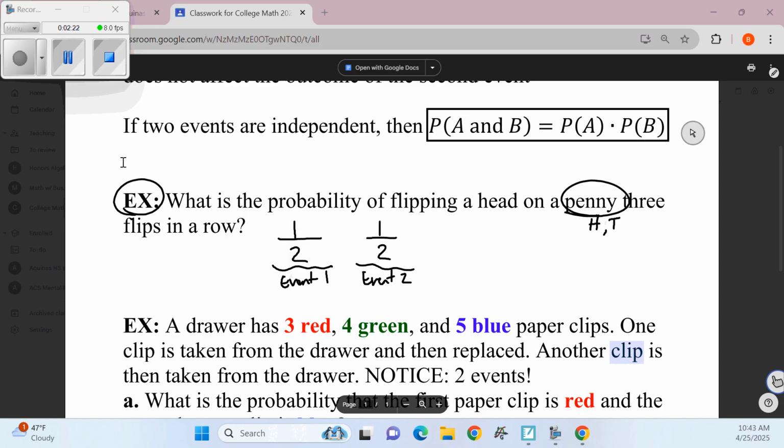And likewise for flipping it 3 times in a row, still independent events. So this would be the third event. And because they're independent, we can just simply multiply these probabilities together. So if we multiply across, this becomes 1/8. So 1 out of 8 times, I would expect to get a head on 3 flips of a coin.